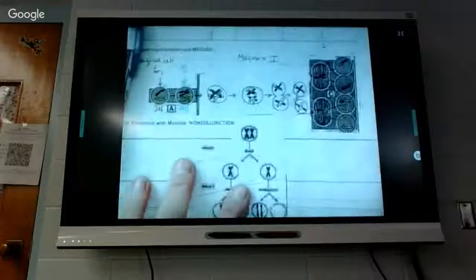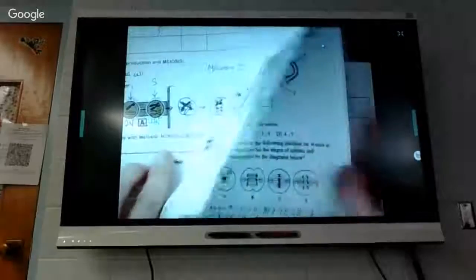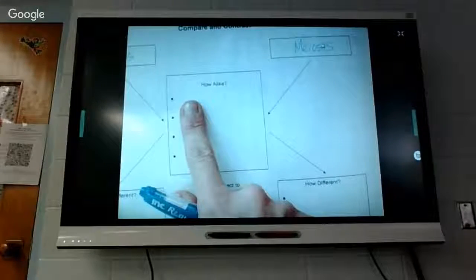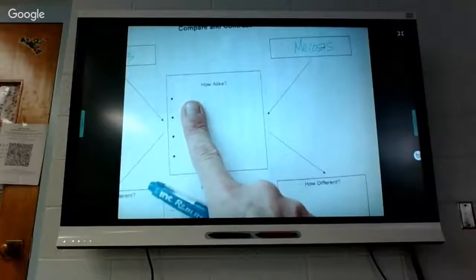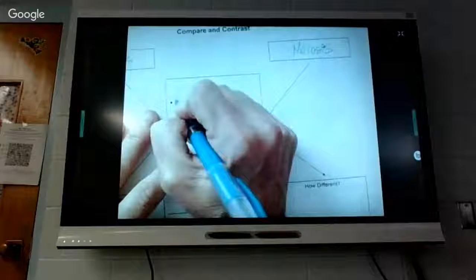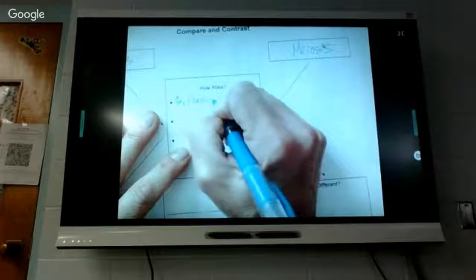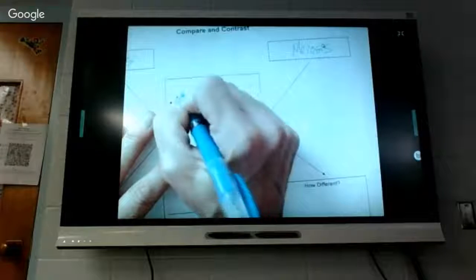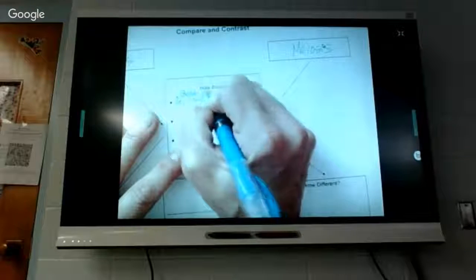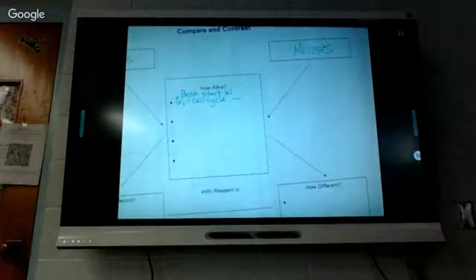So it's funny because they both start off the same way. So let's put one of those down as a similarity. So how they're alike. How did they start off alike? Okay, so both start with G1 of the cell cycle.